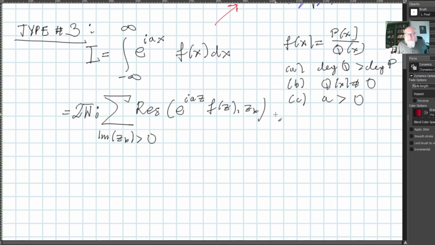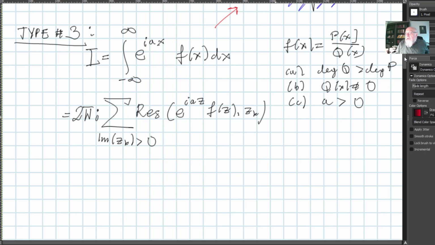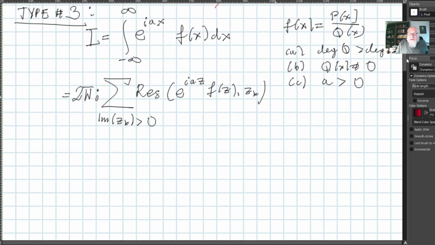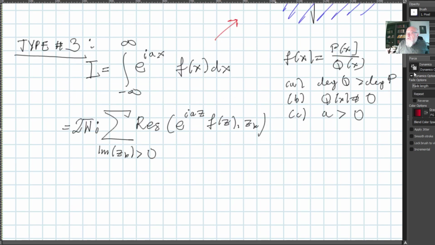And then it was also noticed at the end of lecture 9 that this particular integral actually computes two integrals.